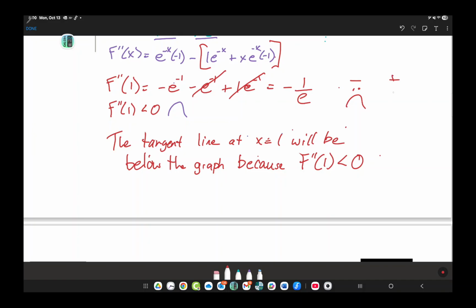When it's positive, people who are positive are happy, so it's concave up. If I remember that, then I will remember it. So yeah, it is concave up, which means it'll be what? It'll be above the graph, not below. Yes, it'll be above the graph because f double prime of 1 is less than 0.